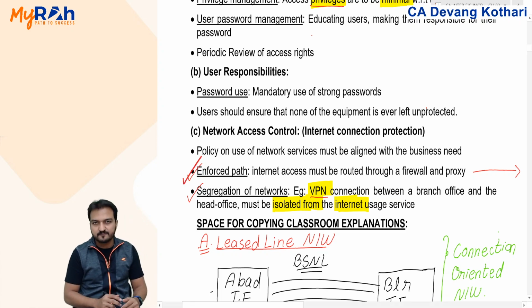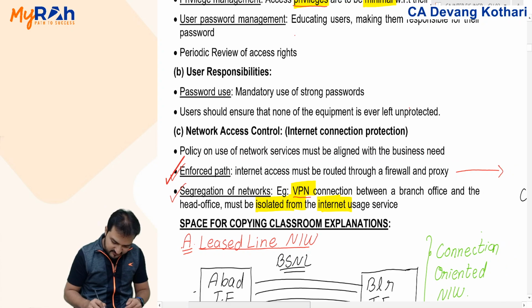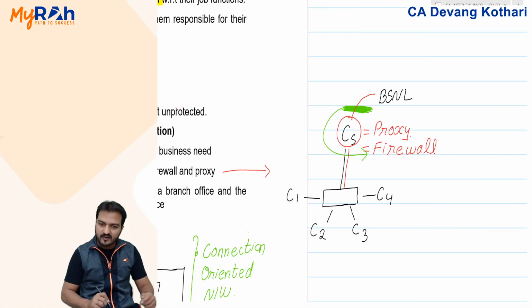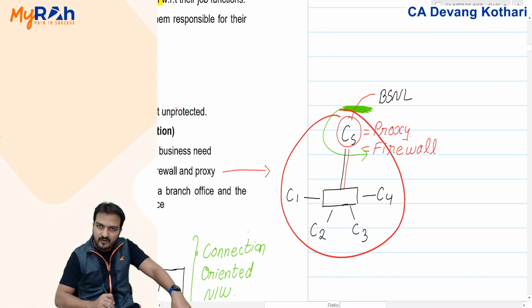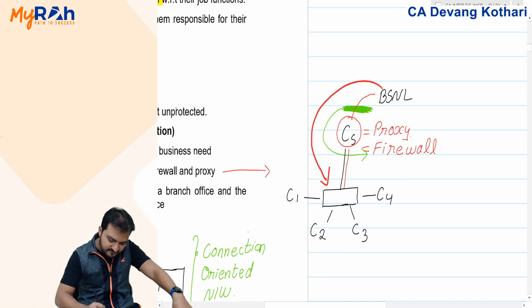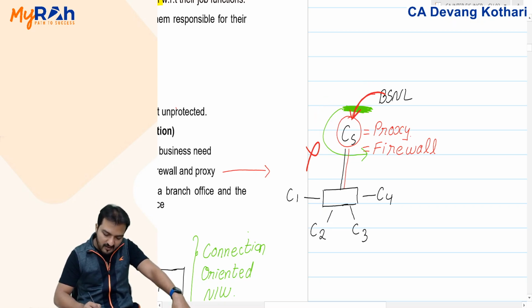Enforced path, this I explained with a diagram here. If I have a network of 5 computers like this, internet connection will be given to this network, but the internet is not given directly like this. Instead, I will plan that the internet is given to computer C5 and C5 will share that internet with the others.